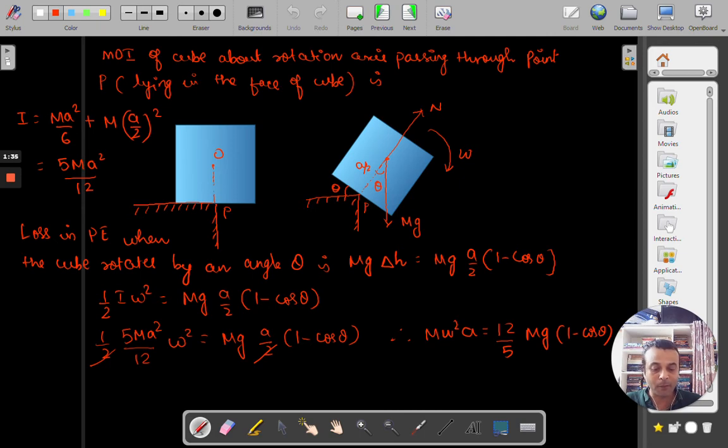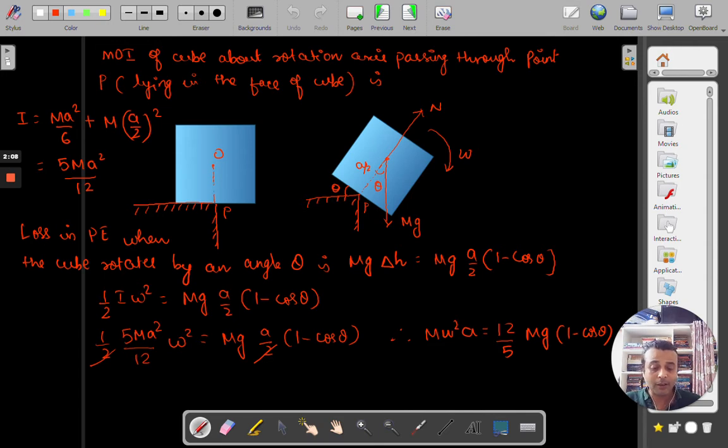We know that the moment of inertia of the cube about the center of mass, about an axis perpendicular to the plane of the cube, is ma square by 6, but we want the moment of inertia about point P. So using the parallel axis theorem, ma square by 6 is the moment of inertia about its center of mass plus m into perpendicular distance square, and by solving this we get 5 ma square by 12.